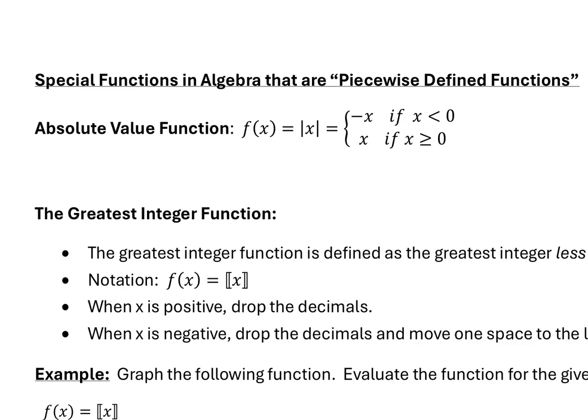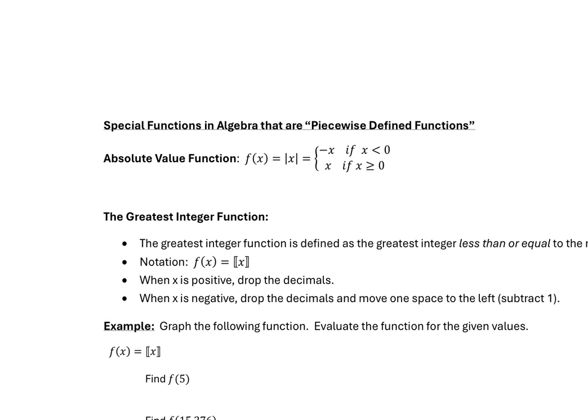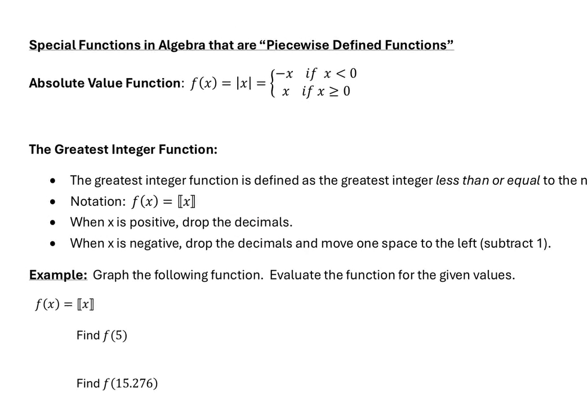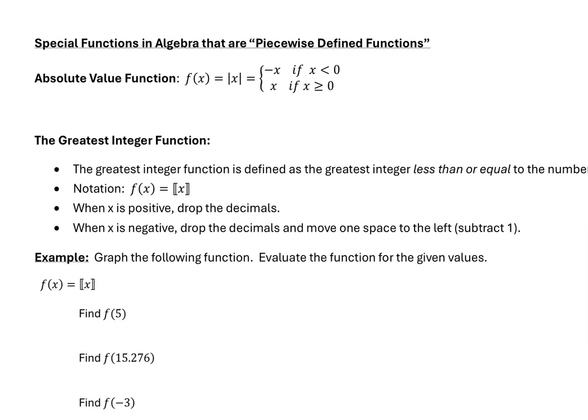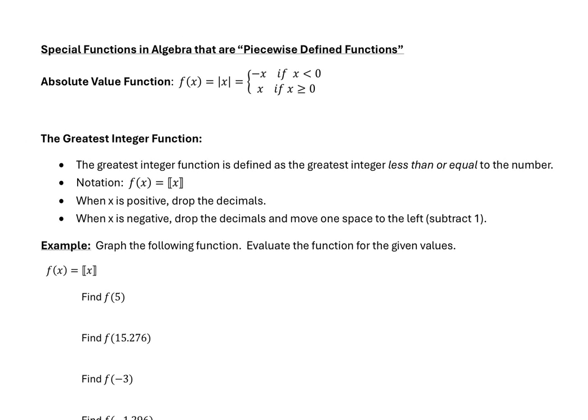All right, now I'm going to mention another one. We are not going to focus on this, but just to show you another example of a special piecewise defined function. You may see this in your future math classes. We have something called the greatest integer function.